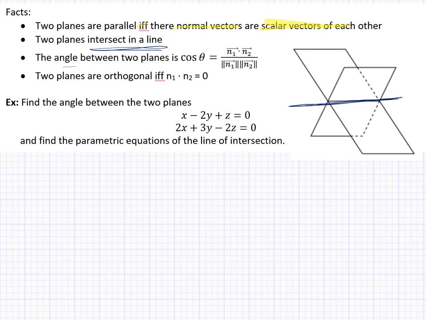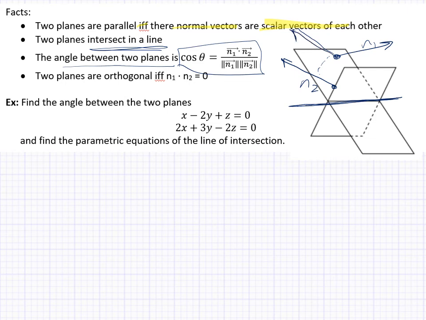We could find the angle between two planes by basically looking at the angle between their normal vectors, and that's what this formula would be. So if I had a normal vector there, let's say n1, and a normal vector here, let's say that's n2, and I move this to here and still make it parallel to the original one, that angle should be representative of that angle.